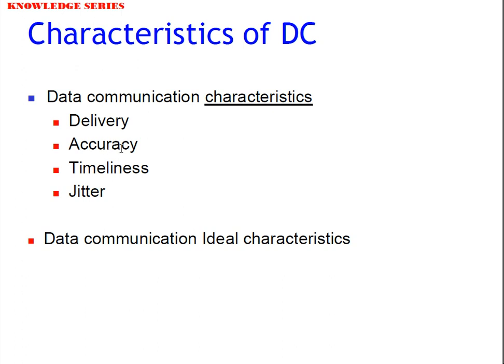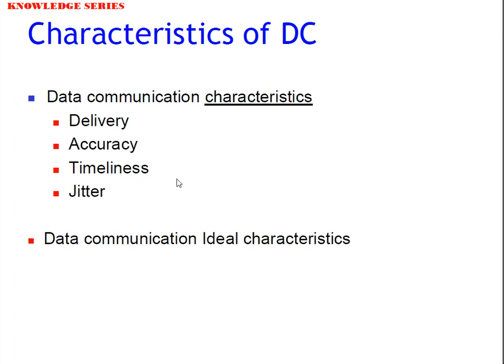Accuracy. The system must deliver the data accurately. That means there should not be any alteration of the data once it is moved out of the source through the medium until it is retrieved at the receiver end. Timeliness.